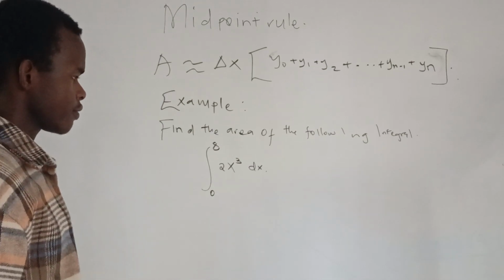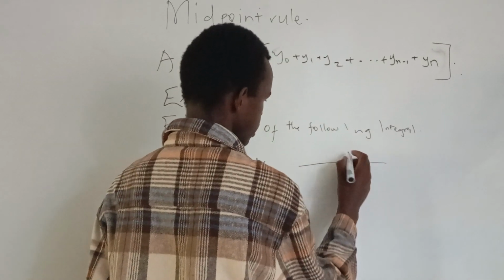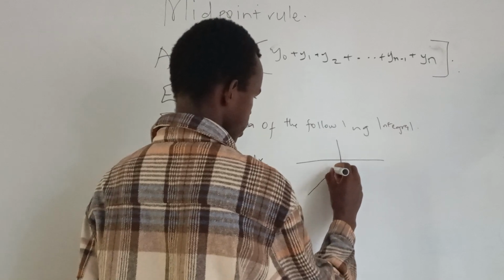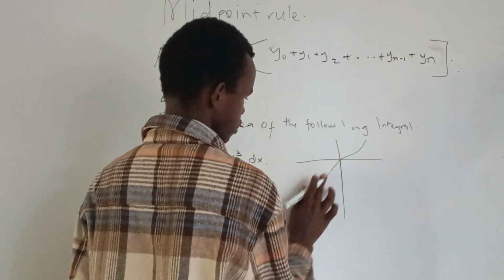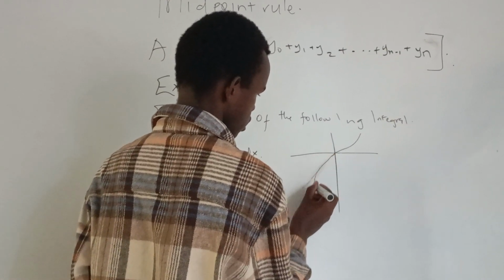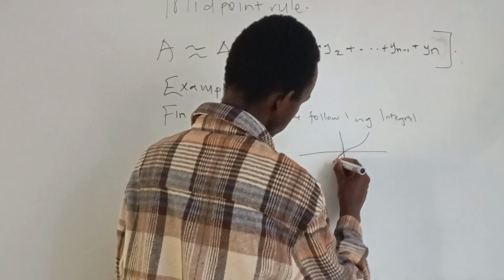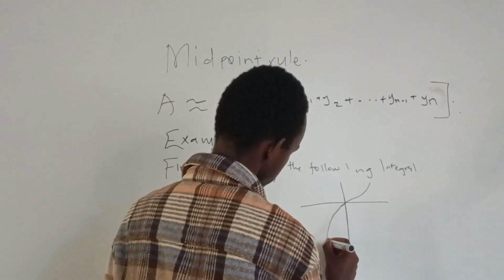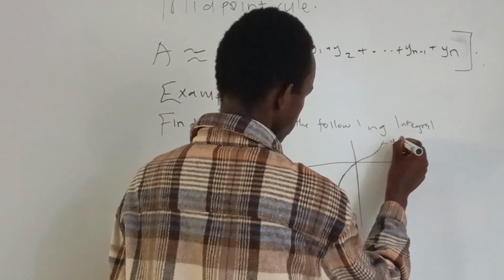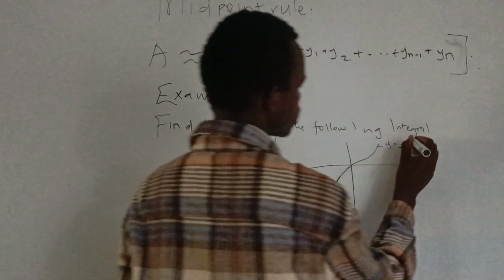How does the graph look? The graph usually looks like this, where y equals 2x cubed.